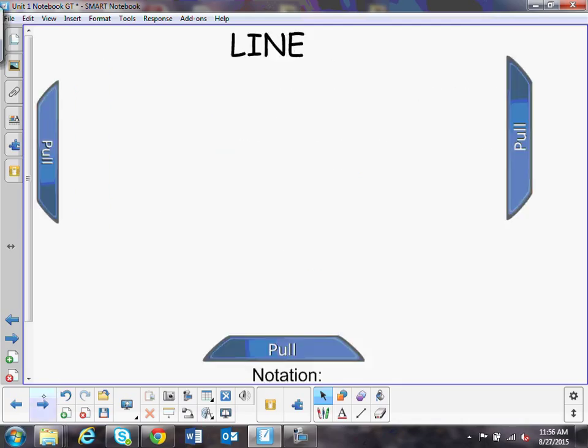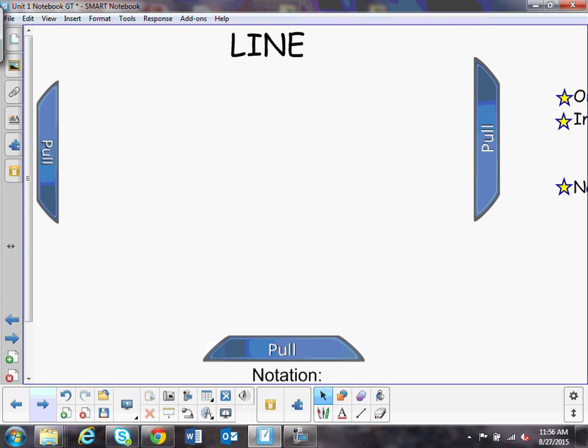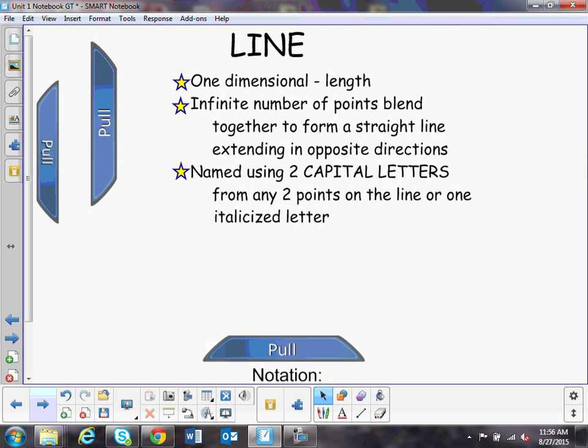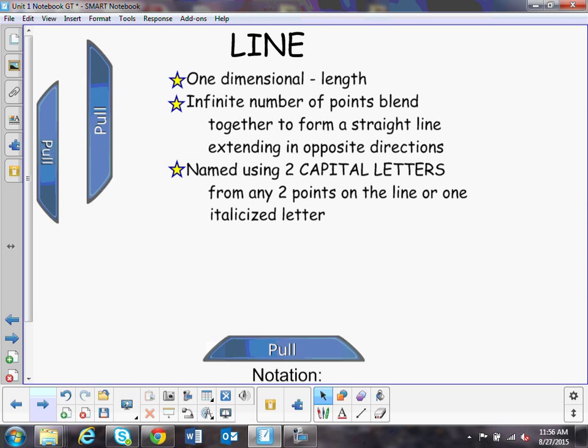Okay, go to the next one, line. Line is next. 3 bullets again. You get short bullets, so don't get overwhelmed. A line is one-dimensional, so it has a length. It has an infinite length to be specific. There's an infinite number of points all blended together to make this straight line.